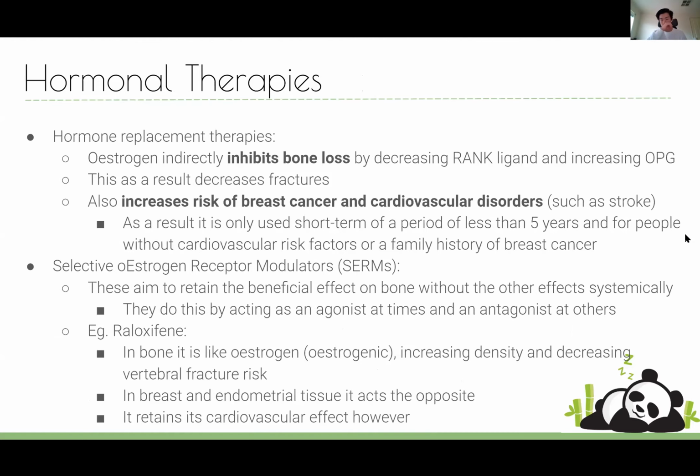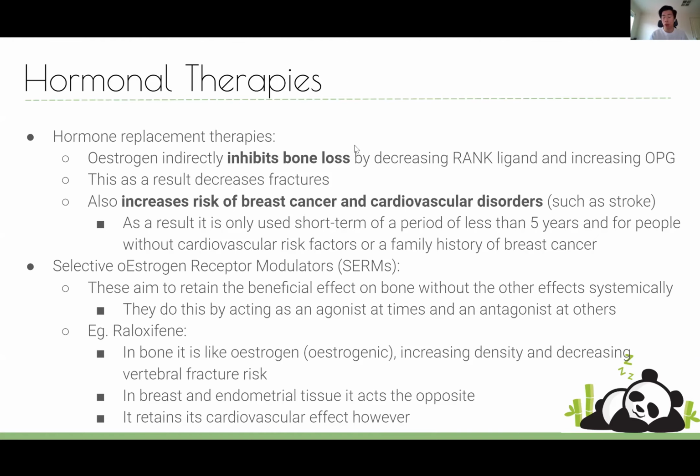Firstly, hormone therapies, so hormone replacement therapies. Estrogen directly inhibits bone loss by decreasing RANK ligand and increasing OPG, osteoprotegerin. This is why premenopausal women don't have as many problems with osteoporosis.